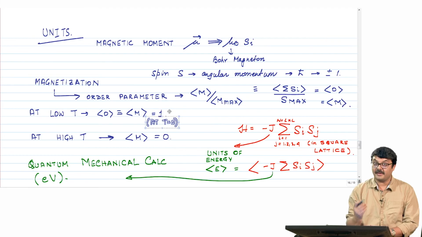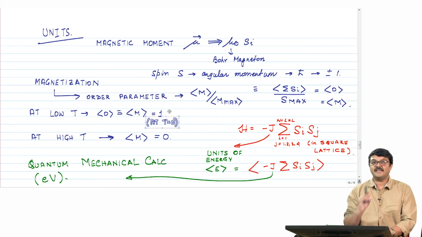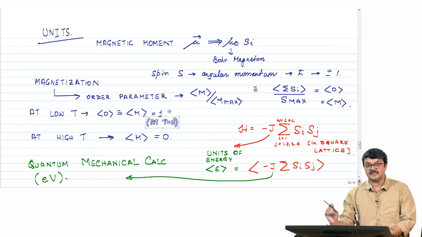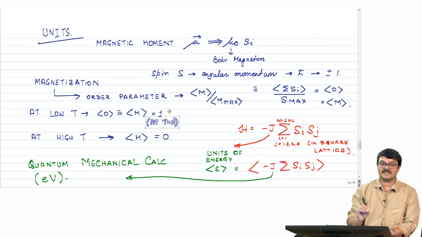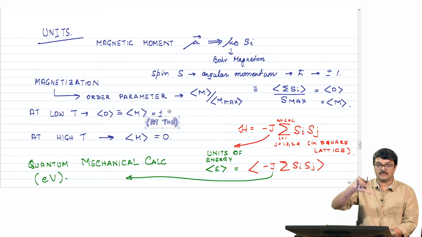Actually, I remind you, and this is extremely important, in a thermodynamic system, what is minimized is not the energy, but the free energy. At T equal to 0, the free energy is U minus TS, with T equal to 0, so energy minimization happens when all the spins are pointing in the same direction, whether it be plus 1 or minus 1.